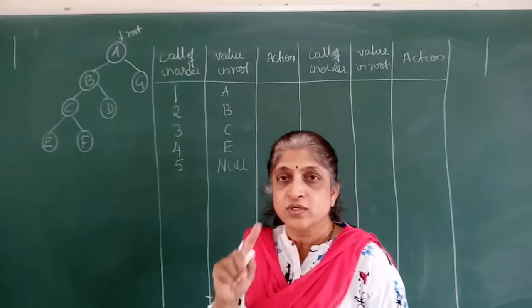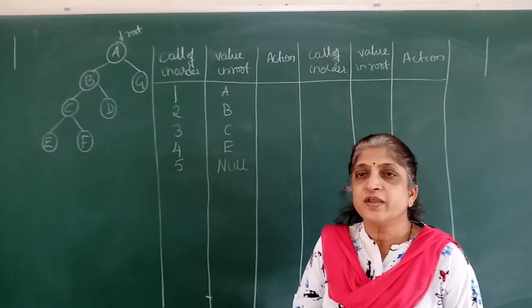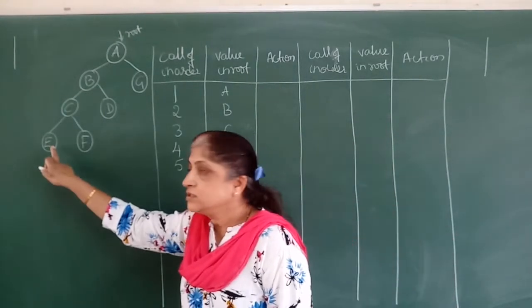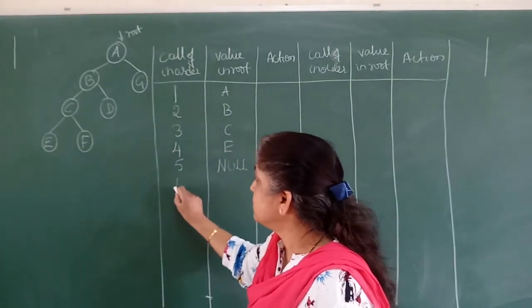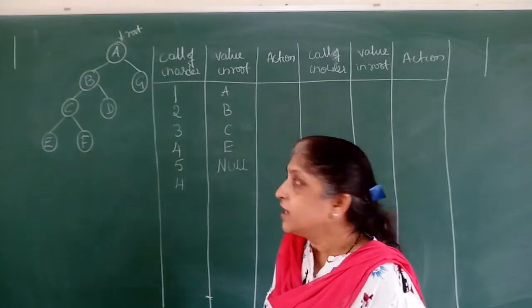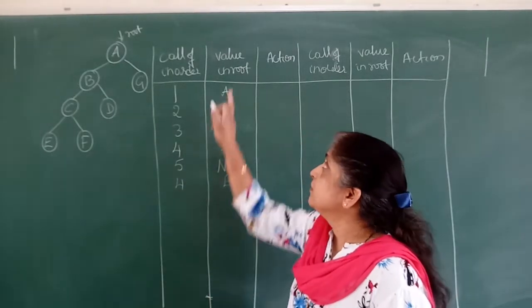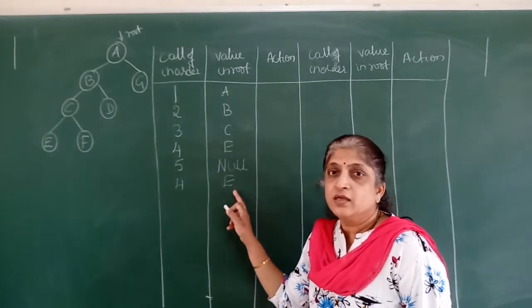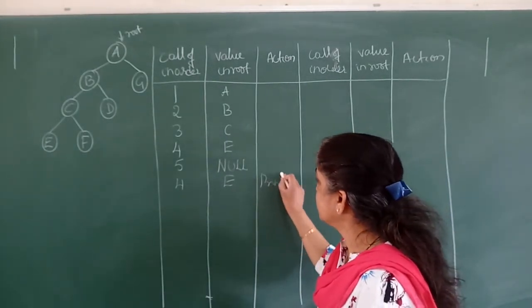Since the value in root is null, control returns to the previous call. That was the fourth call, and the value in root is E. Now it prints E.